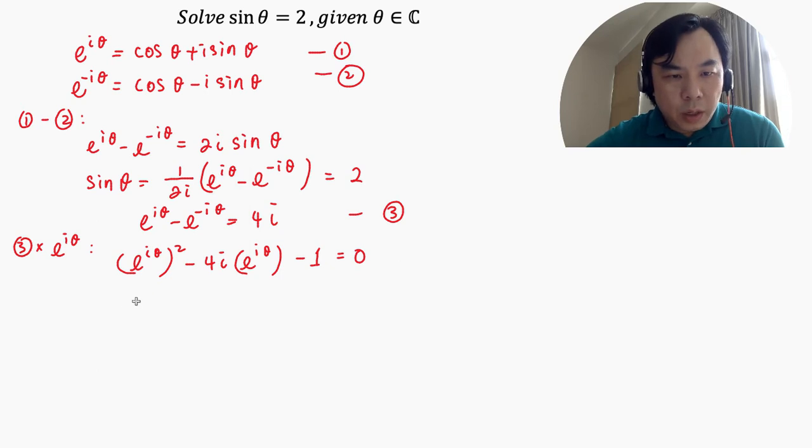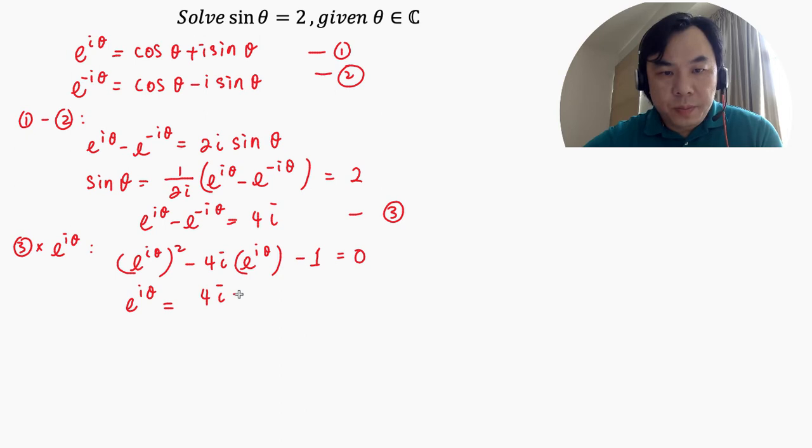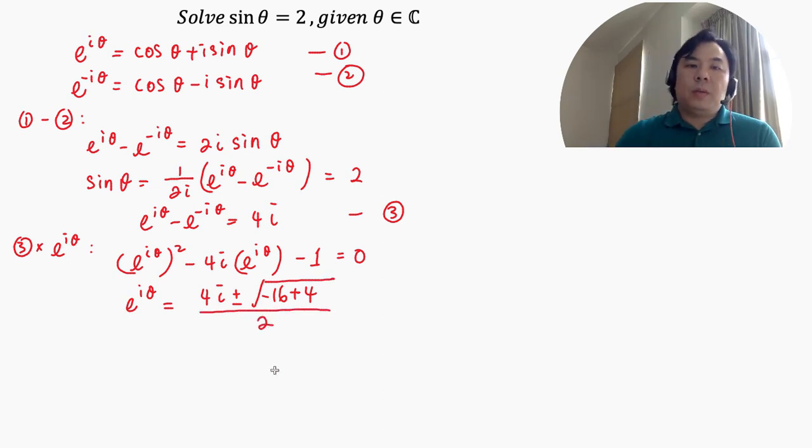And then we can actually solve this Euler form here equal to 4i using the quadratic formula, of course. Now that will be negative 4i plus or minus the square root of negative 16 plus 4, divided by 2. And then there you have it.